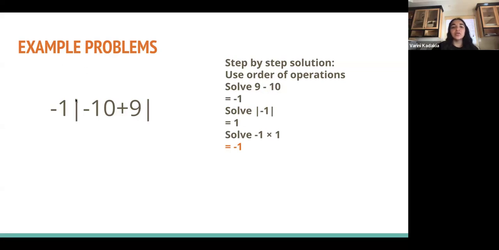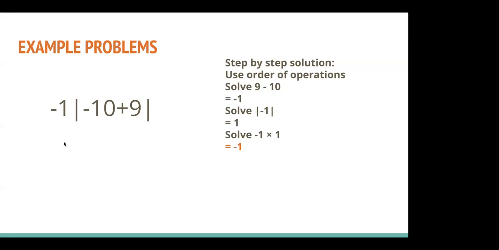So first you use order of operations to solve the inside, and you get the inside as negative 1, which we went over using the number line. Then you take the absolute value of that, which gives you 1, and then you multiply it by negative 1. So you get negative 1.